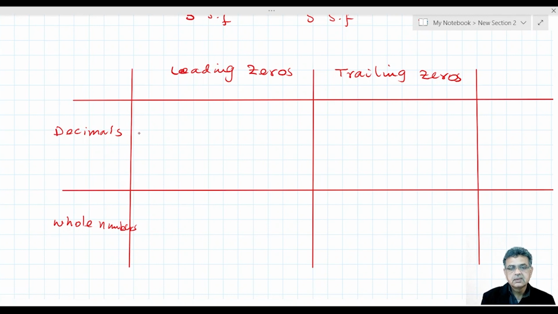Now leading zeros in decimals are like 0.0056 or 0.05 or any number like 0.00072.